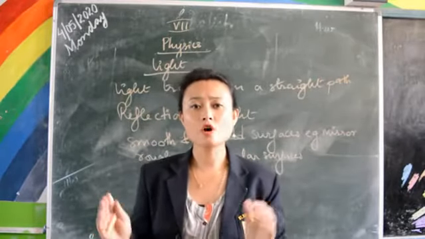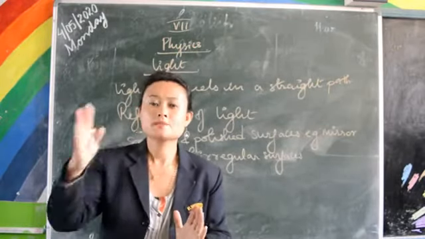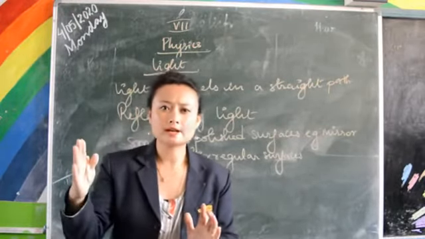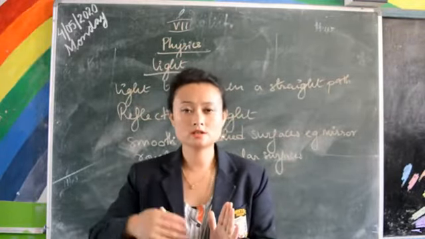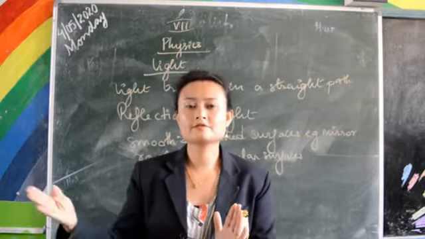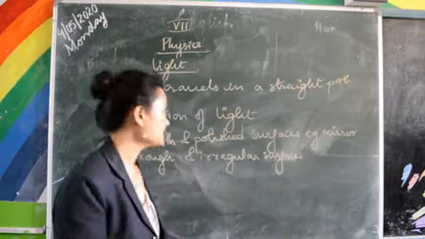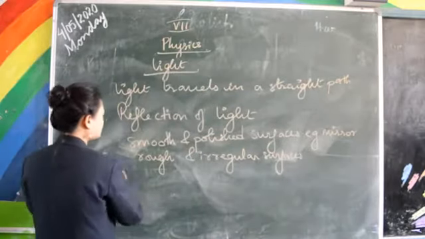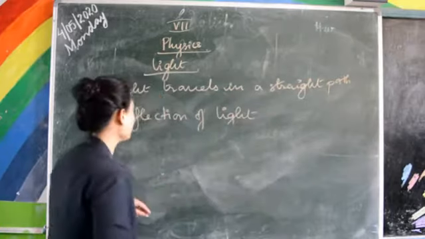When light falls on these kinds of surfaces, as I told you, they reflect back. But how do they reflect back? Depending upon the pattern of their reflection, and depending upon the surface, there are two types of reflection.